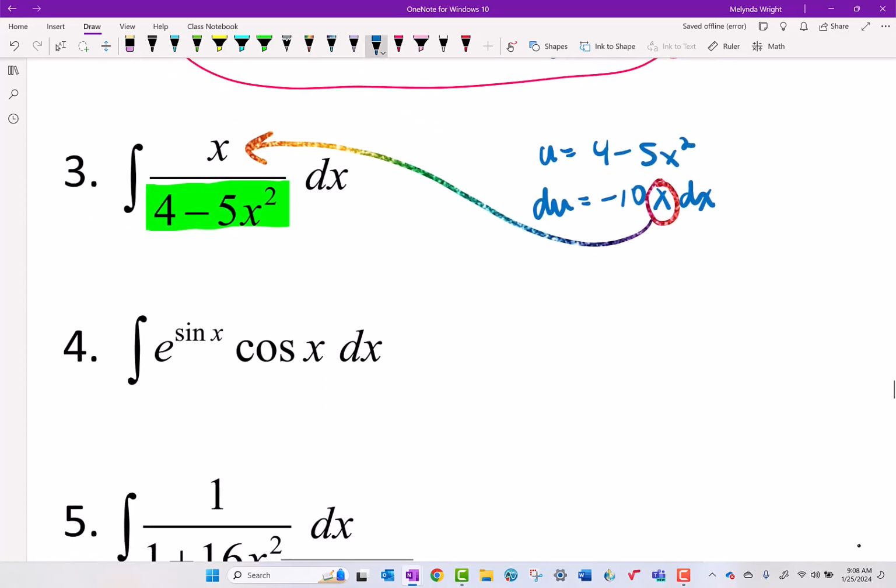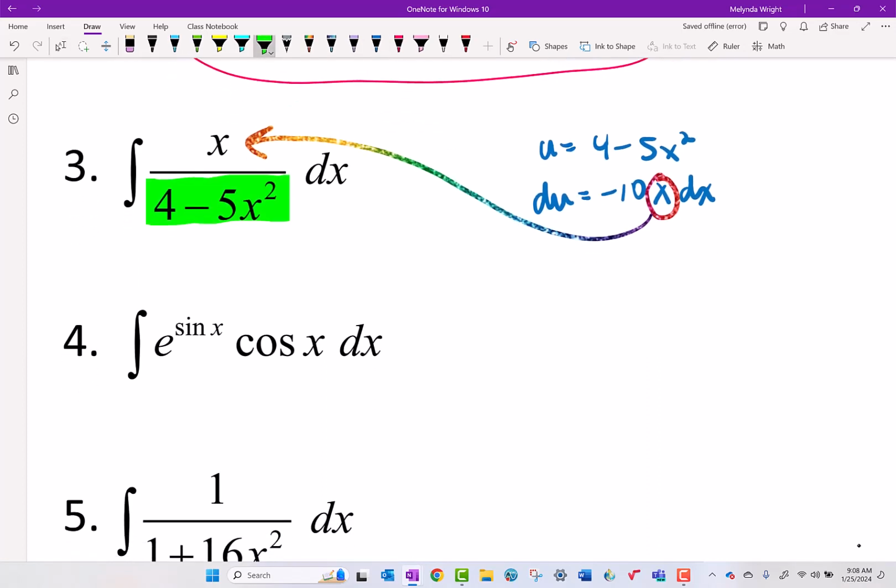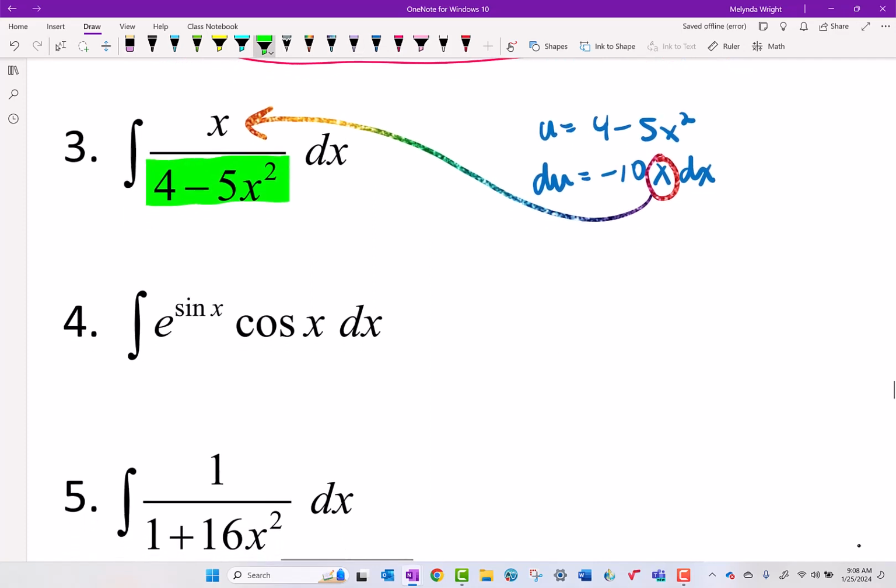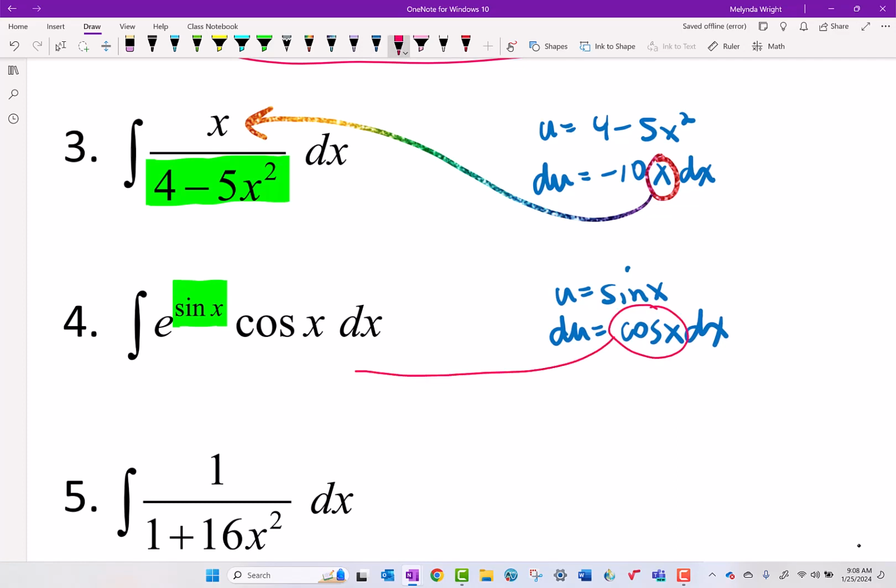Okay, so according to those locations that we talked about, what do you think u is? Sine. U is sine. It's right here. Okay, so u is sine x. The derivative of sine is cosine x dx. We need to make sure that this function exists right beside as a multiplier, and it sure does.